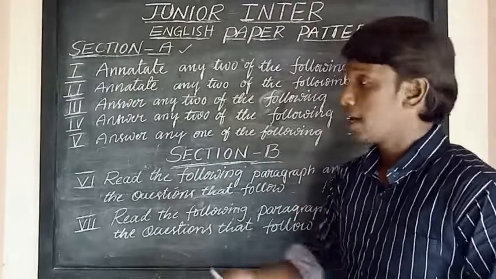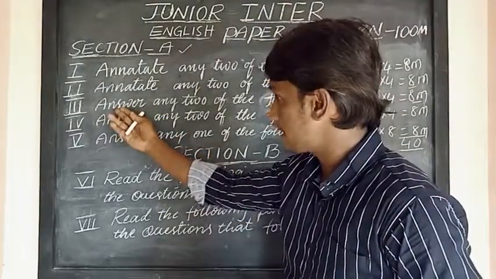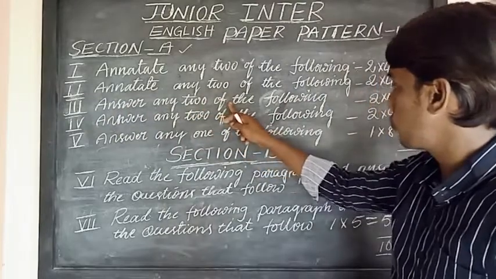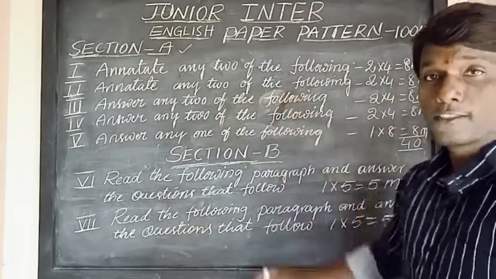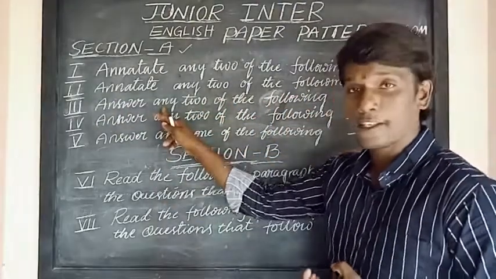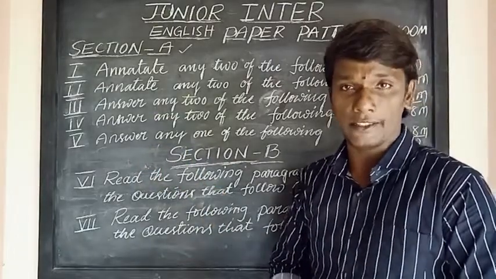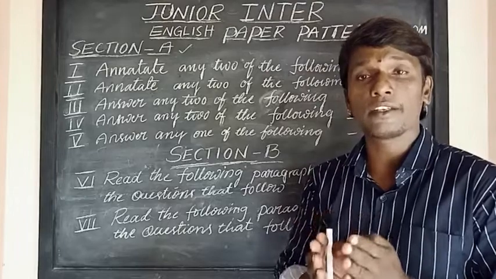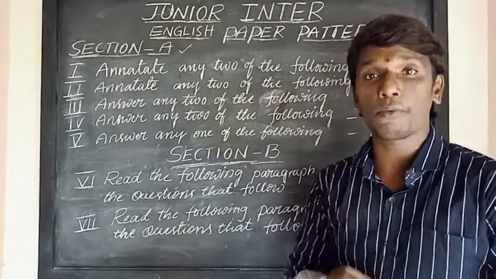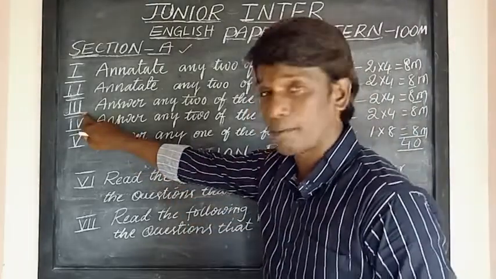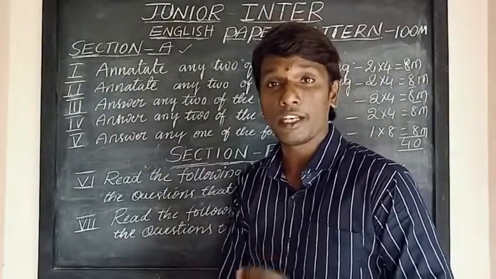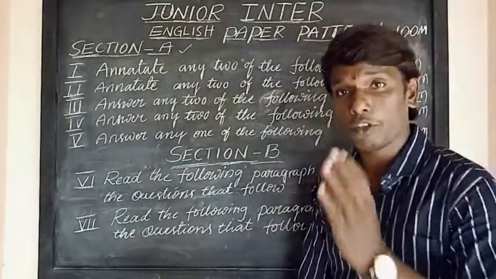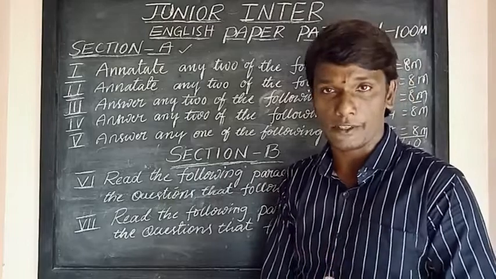Next, moving on to Roman number 3. Under Roman number 3, answer any 2 of the questions that follow. You need to write these answers in 10 to 15 lines each, for 4 marks each. This time under Roman number 3, you will be asked 4 questions from the prose lessons.